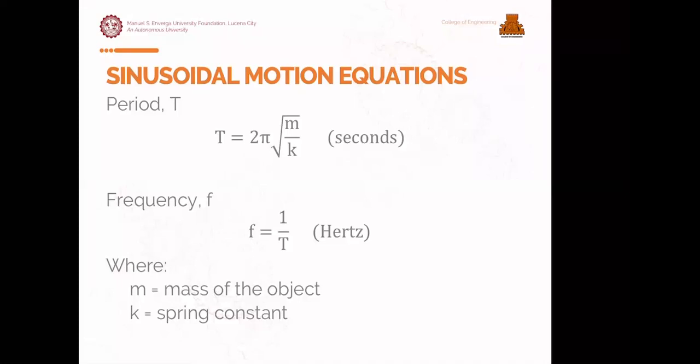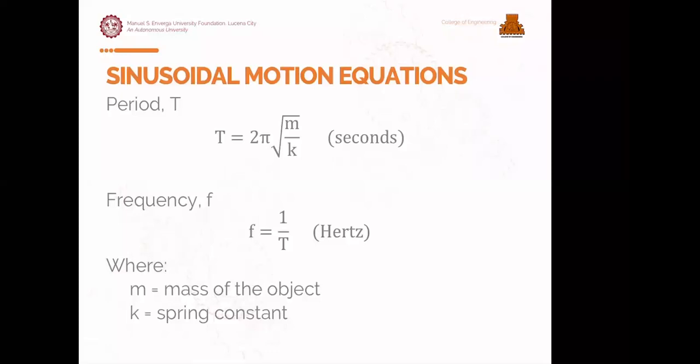Pero for now, consider nyo lang siya as a formula na kailangan tandaan na kapag hinahanap yung period o yung time to complete one cycle ng mismong motion natin, the formula is 2π square root of m over k, where m is yung mass ng object natin and yung k is yung ating spring constant.